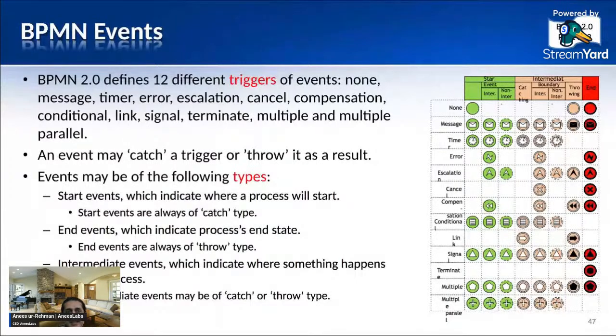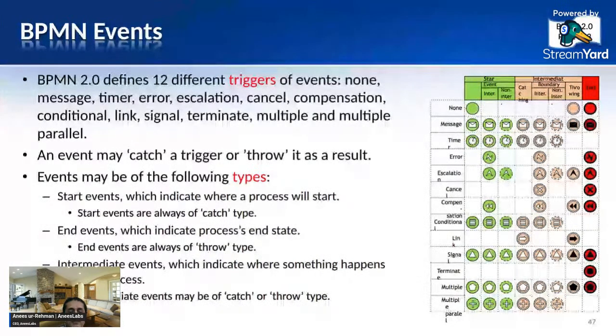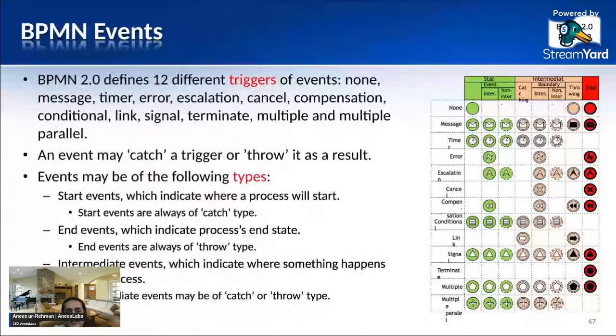In error escalation event, we discuss what to do if some error is happening, and how to throw an exception. If the exception is thrown, what needs to be done. That's the most important thing. And then there are the start event and end event. We will discuss all those events in detail.